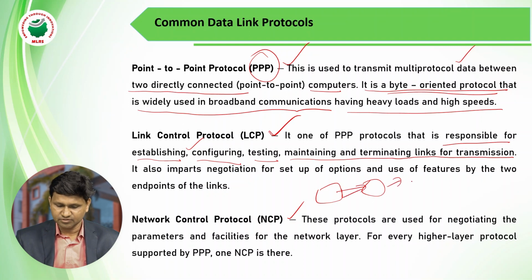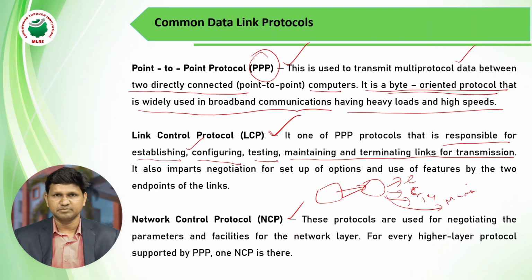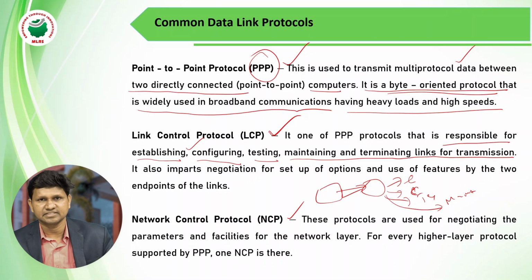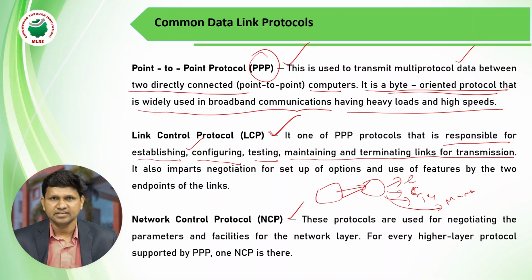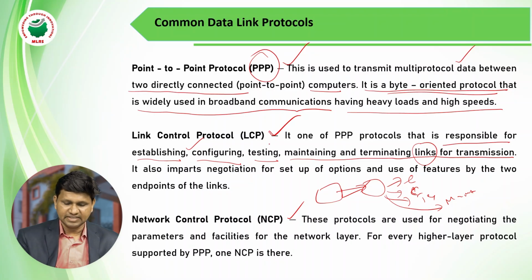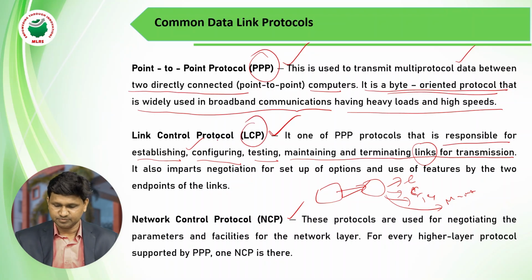First I have to establish a connection, next configuration. Next is testing, whether it is working or not. After completion of testing, maintenance is also very important. If any problem persists while sending and receiving the data, especially in advanced computer networks, maintaining and terminating some links is also important for transmitting the data. In those cases, LCP plays a vital role.